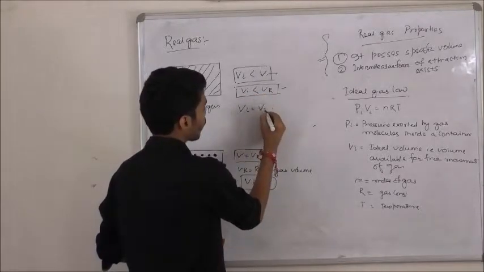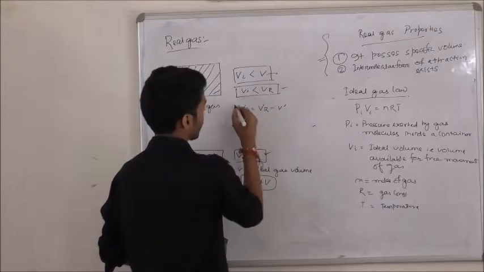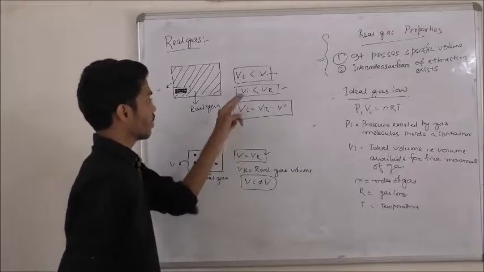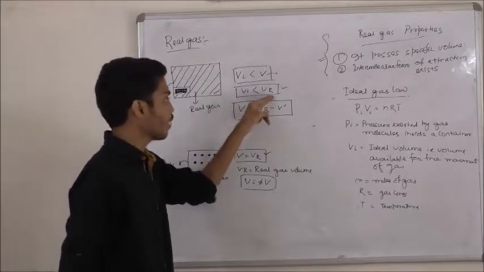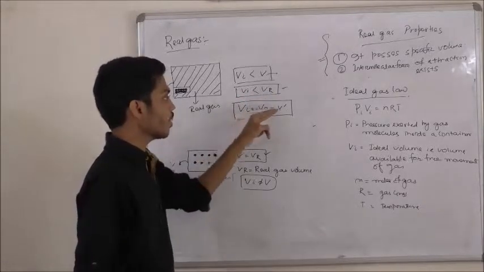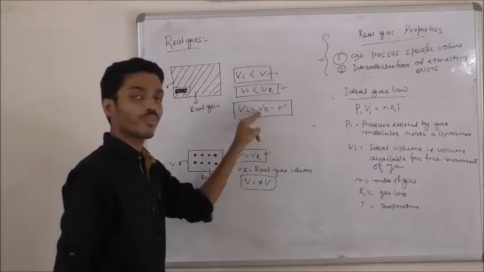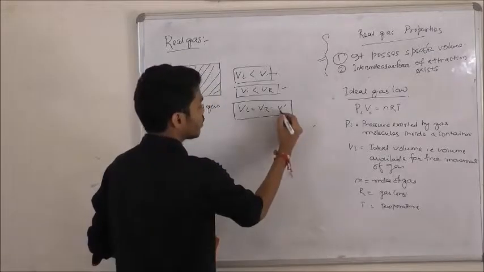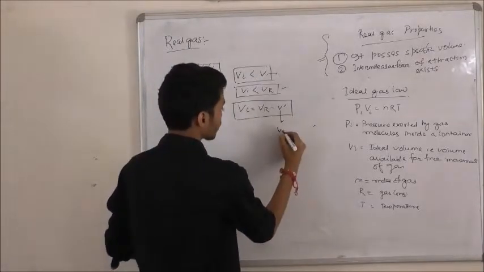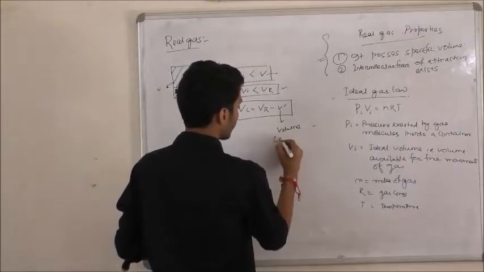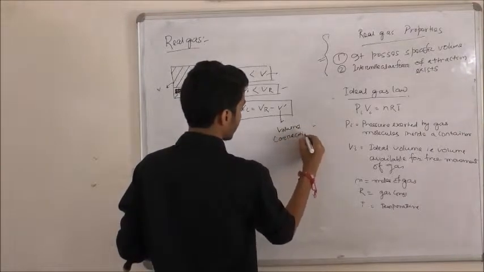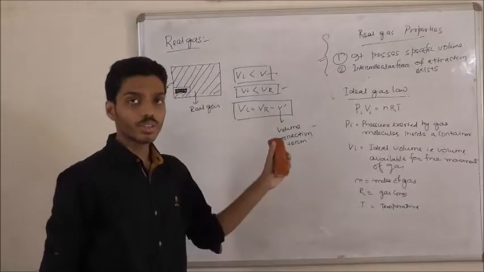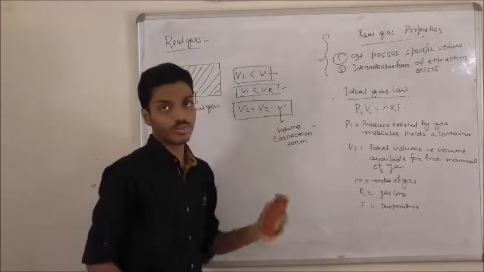So Vi will be VR minus V dash. Since VR is the higher volume, to get the ideal volume we need to subtract some volume from the real volume. And this V dash is called the volume correction term. So now let's derive this volume correction term. I mean, what is this V dash?